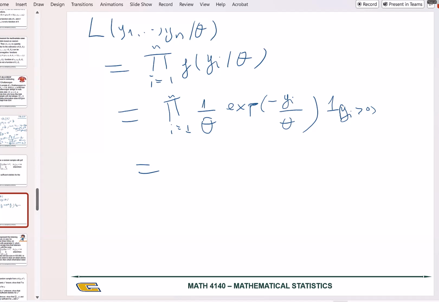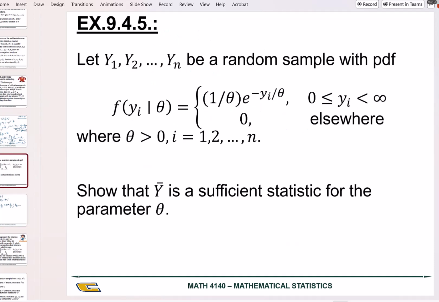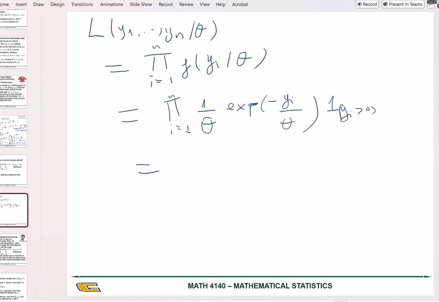I can put that for completeness because basically here it's just that function: if negative, you get 0; if positive, you get that much. But this term won't affect anything. So it will be 1 over theta to the n, and then exponential of the summation of yi over theta, i from 1 to n.